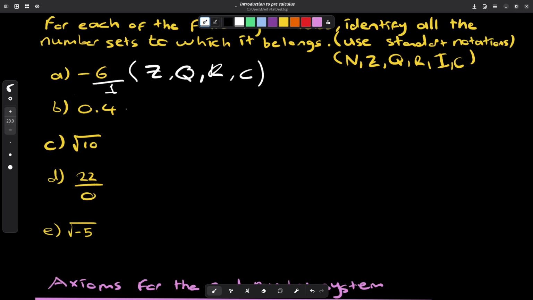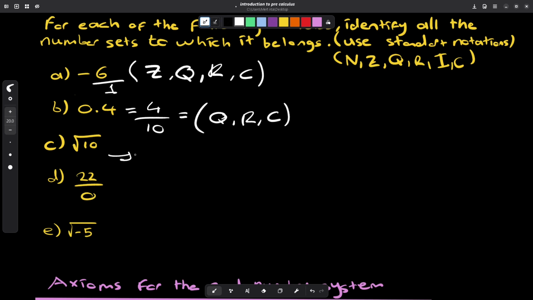For 0.4, this is clearly equal to 4 over 10. So this is already a rational form, we know that. This is not equal to a counting number. This is not an integer, but it's a rational number. It's in the set of R, and it's also a complex number.